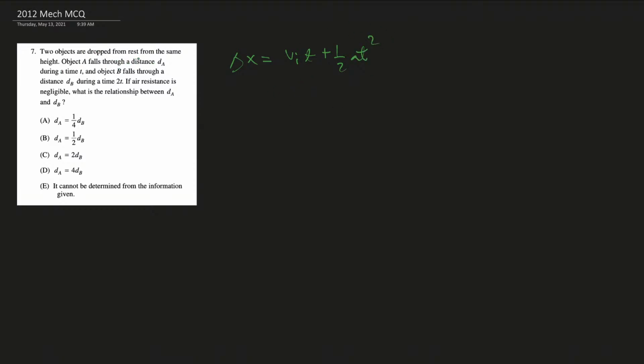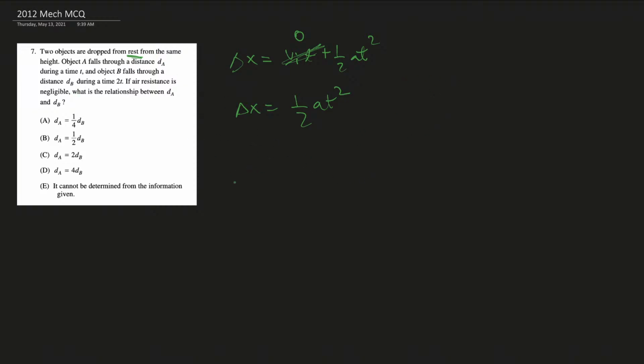And they say that we're dropping it from rest. So this equation just becomes, this part goes to 0 because our initial velocity v_i is 0, so that part cancels out. And we have 1/2 a t squared. So if we say dA, right?